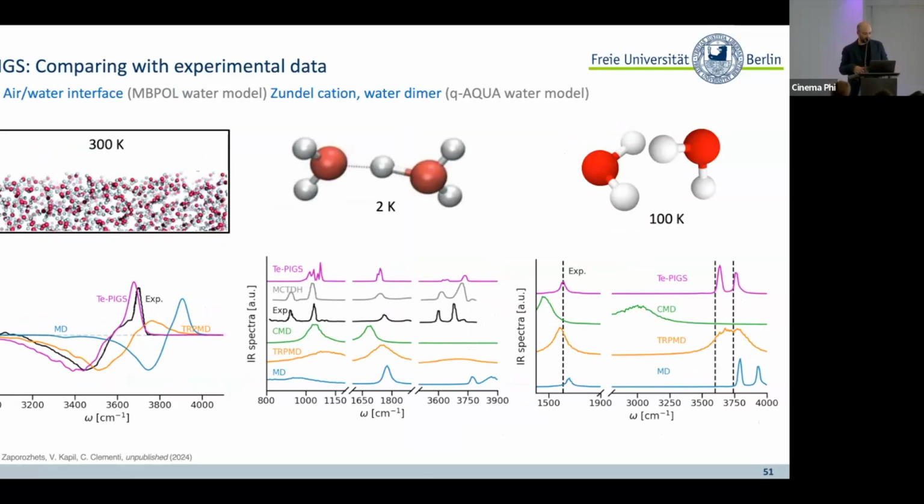So this is very close to the experimental value, but consider this is not feasible for anything but Zundel cation maybe, or not something bigger for sure. While with our method, we are as expensive as the molecular dynamics curve, that is the blue curve here, but we can obtain the correct result.